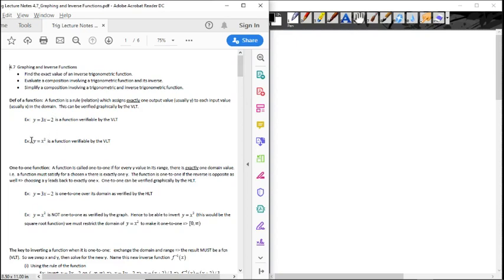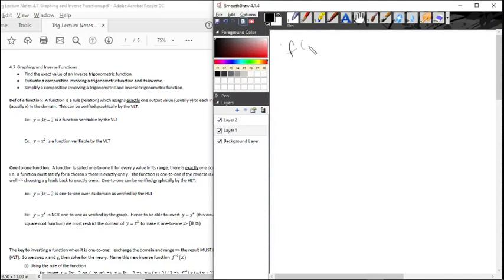Take as an example the equation y equals x squared, which is itself a function. We can write the function f of x equals x squared and verify it is in fact a function for any value x that we plug in. The domain for this is all real numbers, negative infinity to positive infinity.